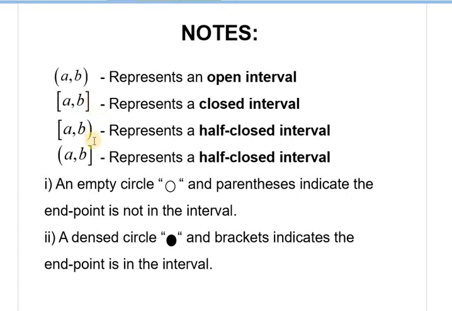While if either one is not included, either the least value or the greatest value, it represents a half open interval. An empty circle indicates the end point is not in the interval, as we discussed already. And a dense circle indicates the end point is in the interval. Alright, so till then, we meet on the next page with example 1.